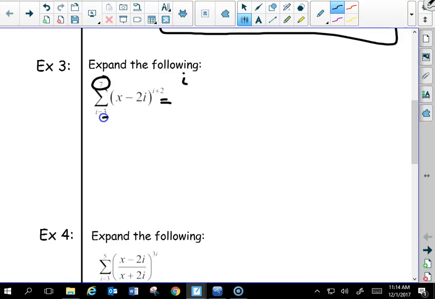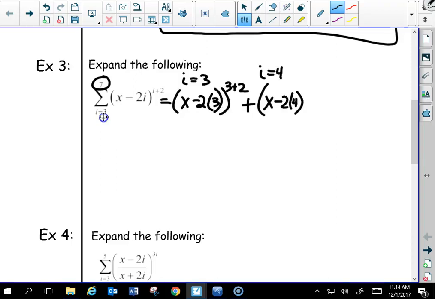So just plugging in, starting with my index of 3 into the pattern. x minus 2 times 5, 5 plus 2.